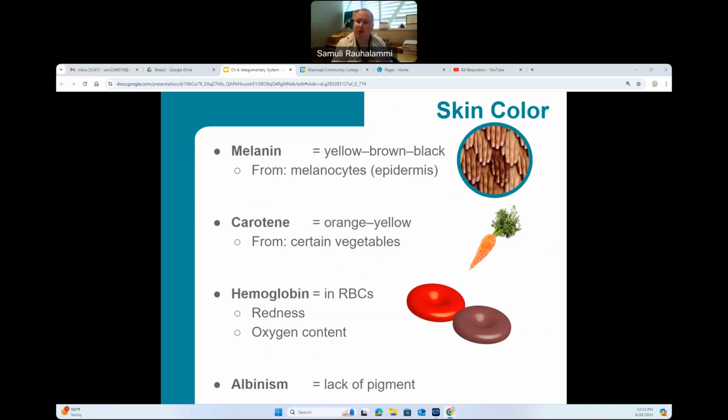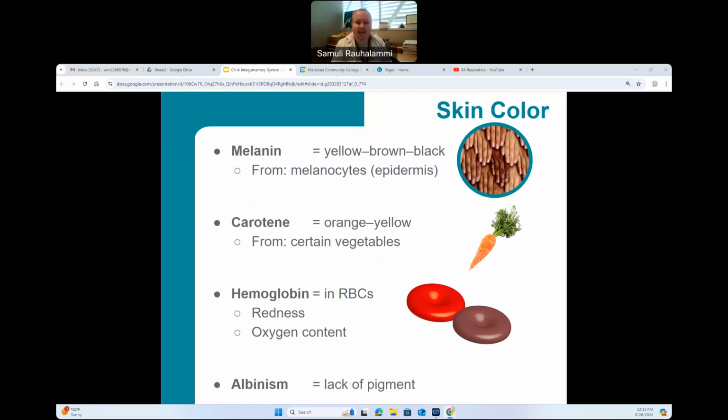We can also see concentrations of melanin, for example, in freckles. Some vegetables such as carrots, if you consume them a lot in the diet, might also contribute, giving you more of an orange color to the skin.